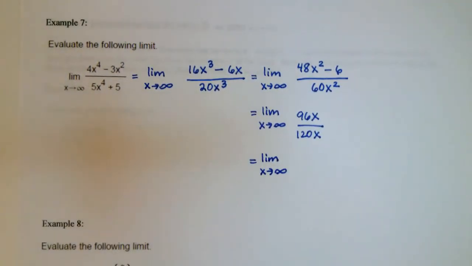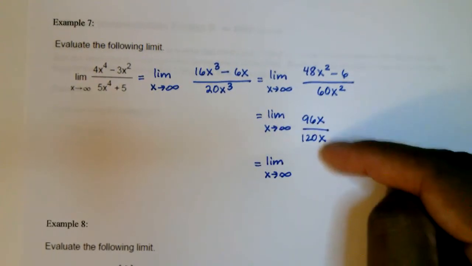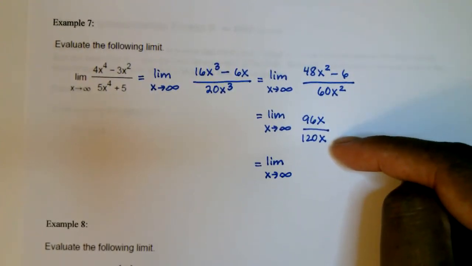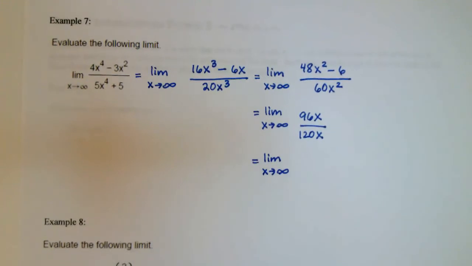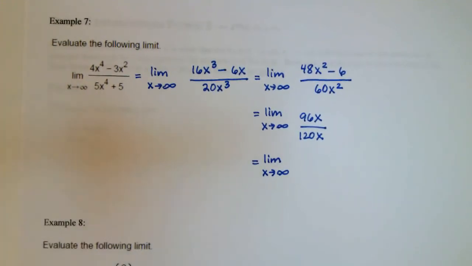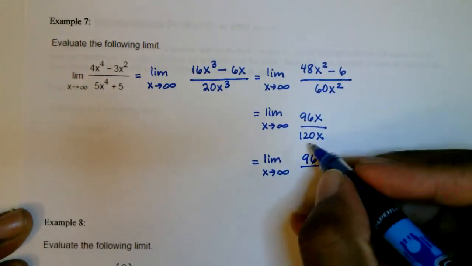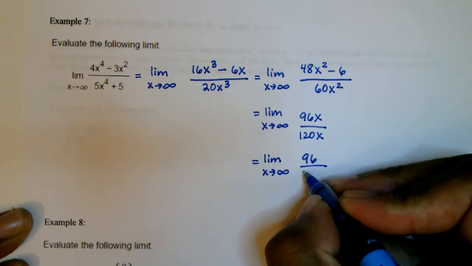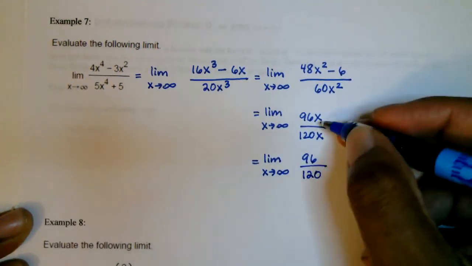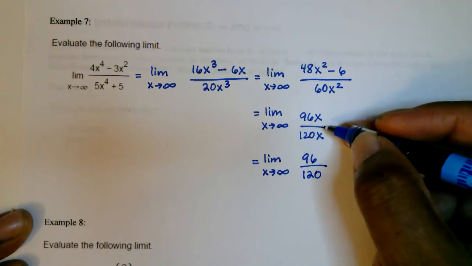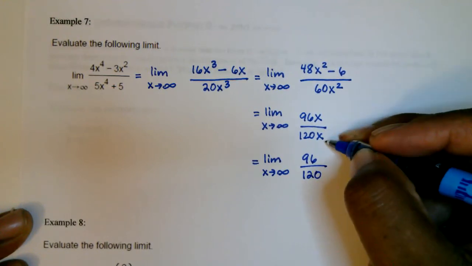There are two ways you can do this. You can divide out the x and you'll be left with 96 over 120, or use L'Hopital's rule again by taking the derivative of 96x, which is 96, over the derivative of 120x, which is 120, because I'm still going to have a situation of infinity over infinity.